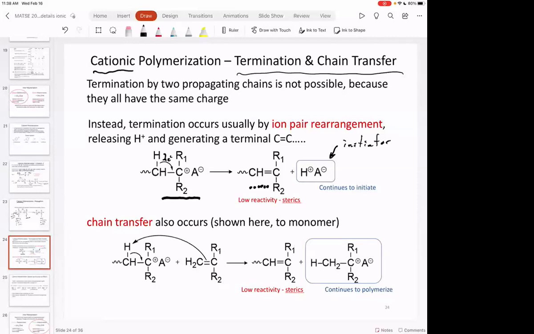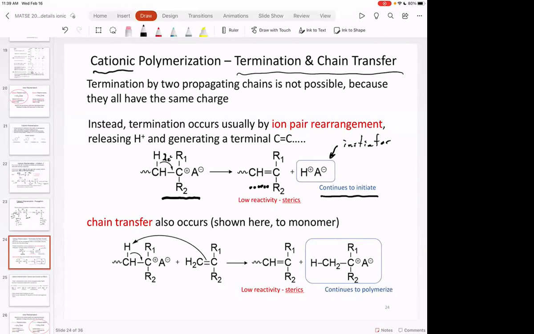Every single chain that's terminated with cationic polymerization has double bonds at the end. And then you get your initiator back, and that can initiate a new chain because we have our H plus and A minus back together again. So write this out. This is the only termination step that we're going to study for cationic polymerization. And so you just need to know that ion pair rearrangement is how cationic polymerization terminates.